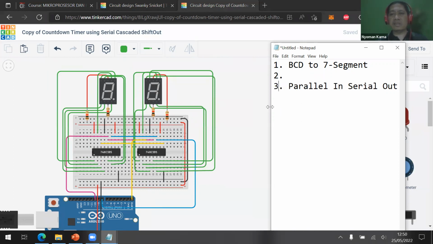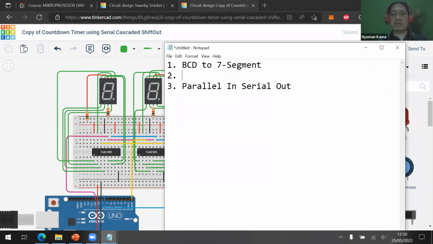Okay. Now, the third solution, perhaps this is the second solution, is something that we call multiplexing. In multiplexing, actually we just need to turn on one 7-segment at a time. Okay, now you are on. Now you are on. Now you are on.